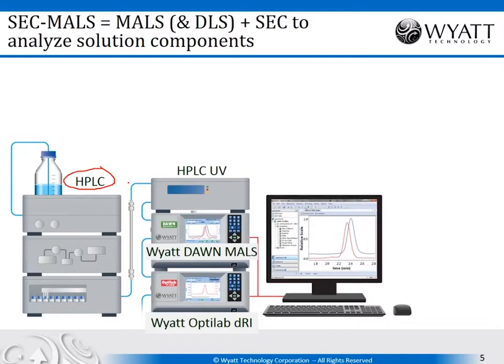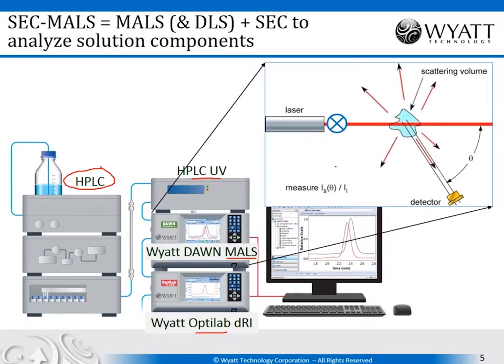You can work with most types of HPLCs or even FPLCs, as long as you can put the size exclusion column in line with it. We typically use the UV detector from the HPLC system and add on downstream of that the light scattering detector, a Wyatt Dawn or Mini Dawn, and a refractive index detector, which is a universal concentration detector used for characterizing all types of molecules, and that would be the Wyatt Optilab refractive index detector.